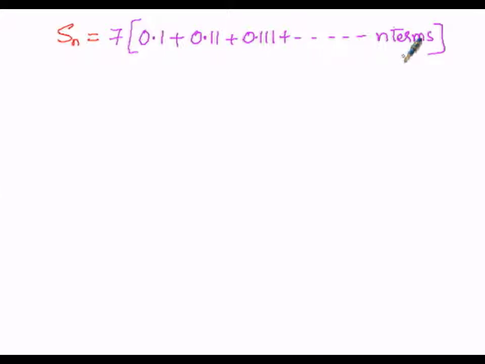bracket close. Then the next logical step is that I want to multiply both the numerator and the denominator by the digit 9.